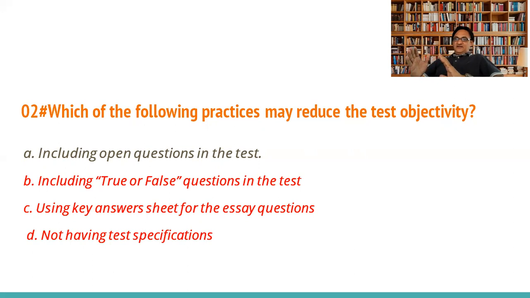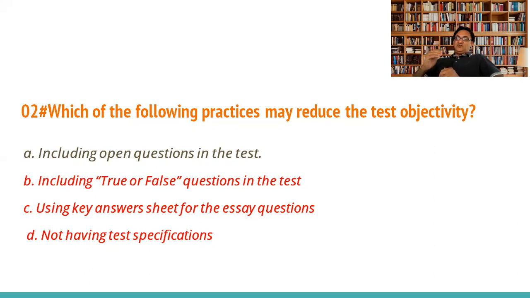So the one who likes the answer with the title may be biased, and the one who likes your answer without the title can be biased. So we are talking about this context: what types of practices or tests have less objectivity, that is, less biased decisions.